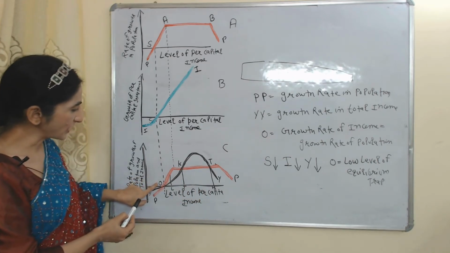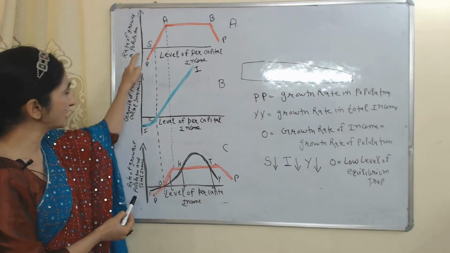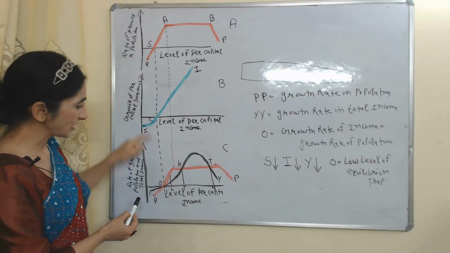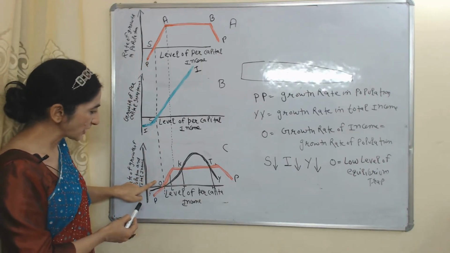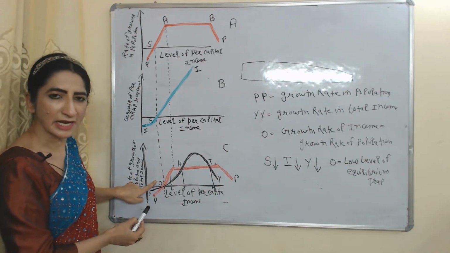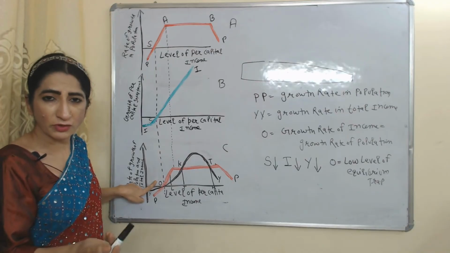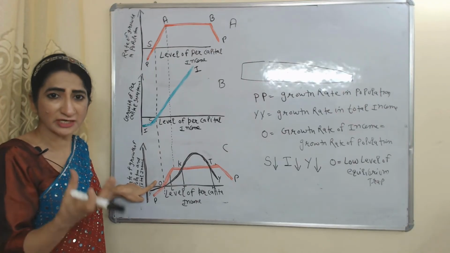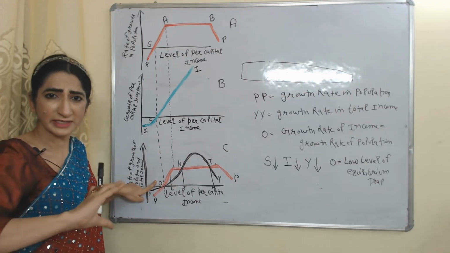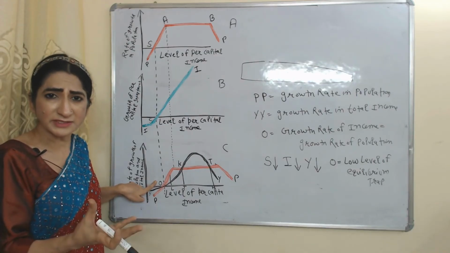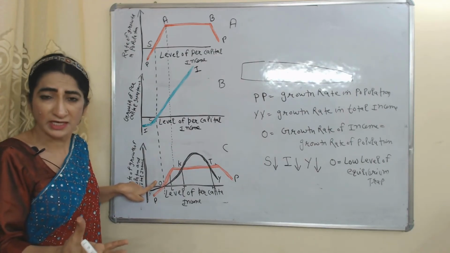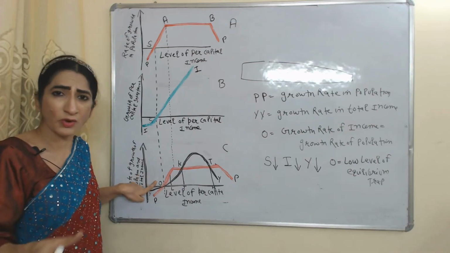And this point O is connected with points C and S, and this point O shows that the growth rate of income and the growth rate of population are equal to each other. If they are equal, that means zero saving, no saving. If no saving, that means no investment.